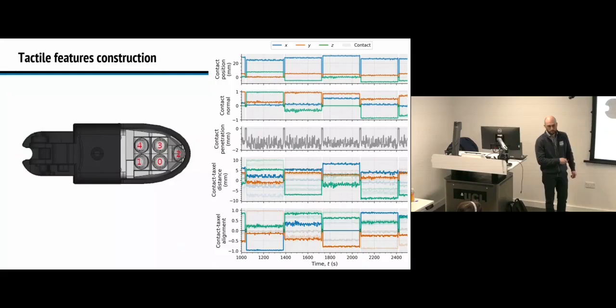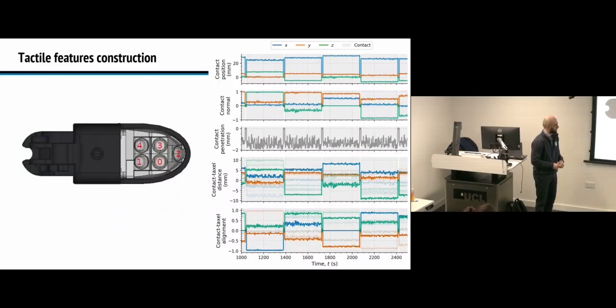So that contact taxel distance is for each taxel. Yes, it's X, Y, Z, a 3D vector for each taxel. Here we show one taxel, and the other taxels are transparent.